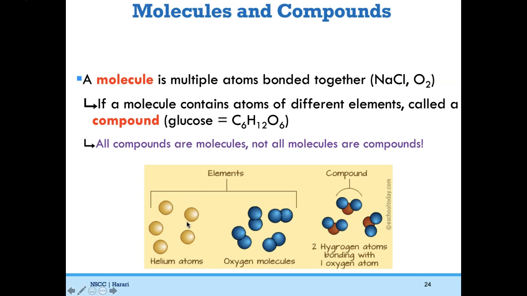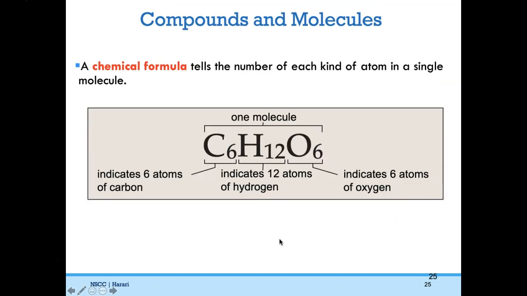Same thing with helium. So helium and oxygen are both elements that come in molecular form, but a compound would be like water, which has hydrogen and oxygen. So all compounds are molecules, but not all molecules, like oxygen, are compounds.